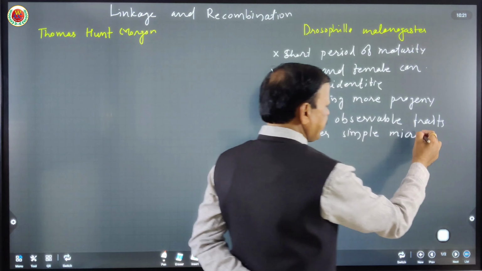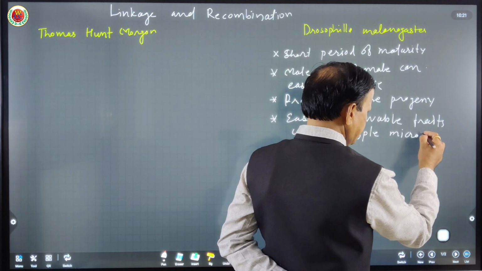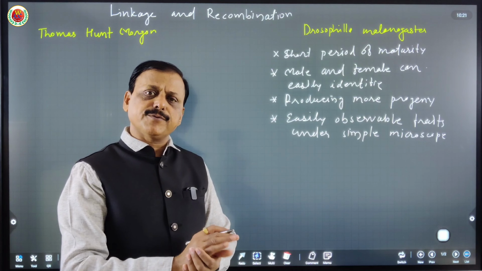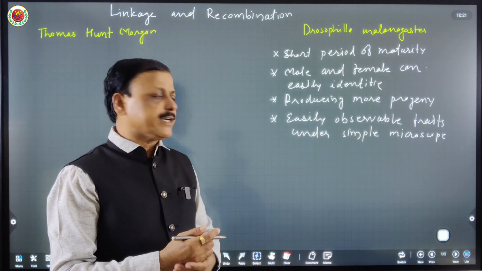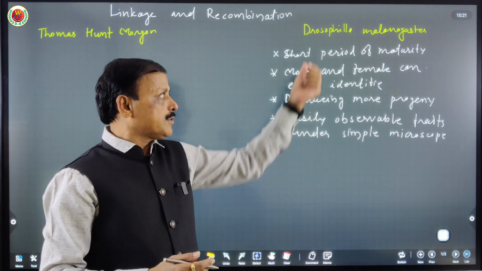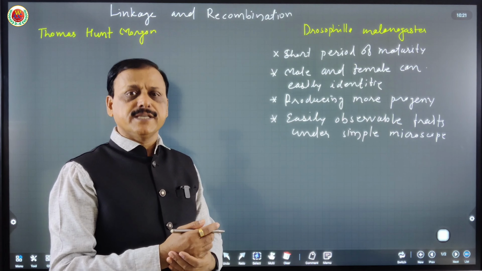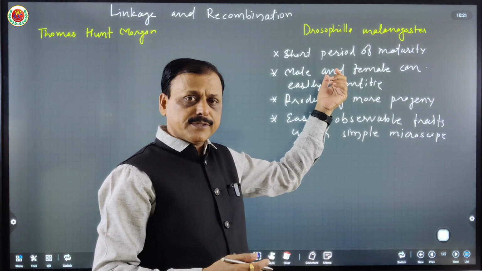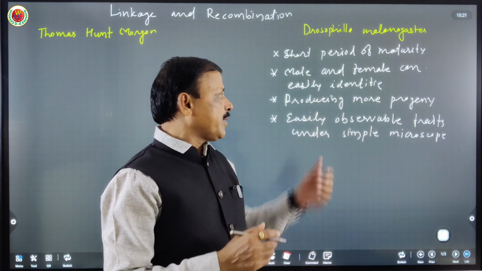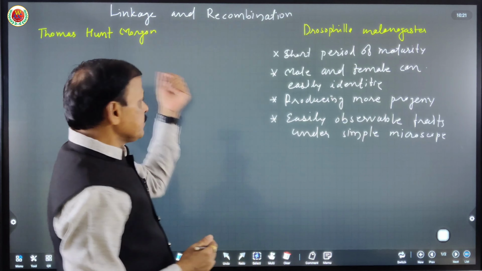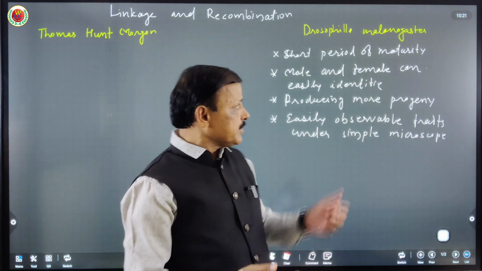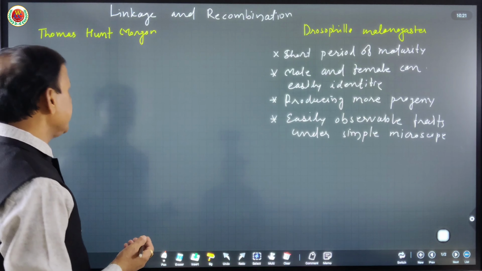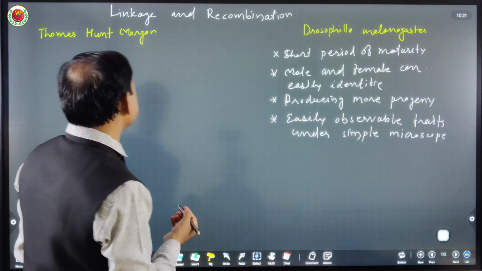You will not need a compound microscope. Therefore, he, or his team, selected Drosophila melanogaster for their experiment. I hope you got this. A question can be asked for 2 marks in the board exam: why Drosophila melanogaster was selected as an example or animal for the experiment, or why Thomas Hunt Morgan selected Drosophila melanogaster for his experiment. So these are the 4 points that you have to mention as an answer in the examination.